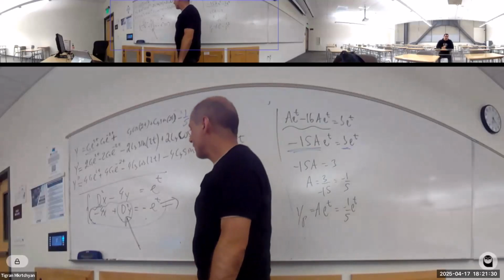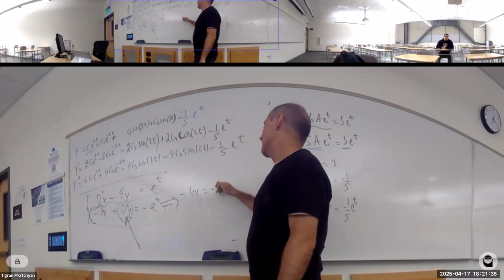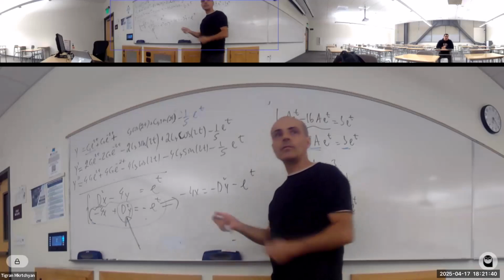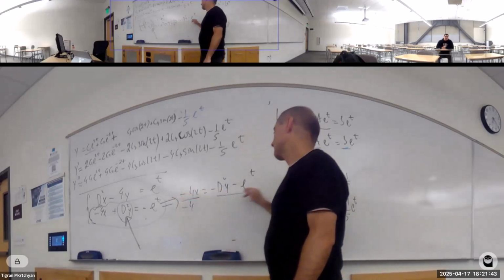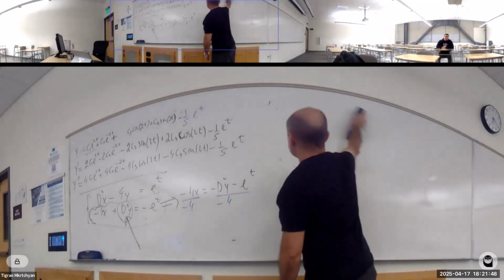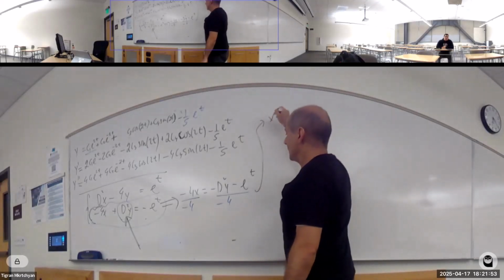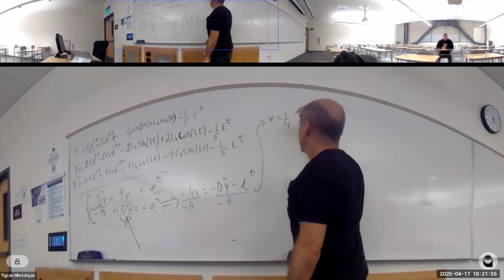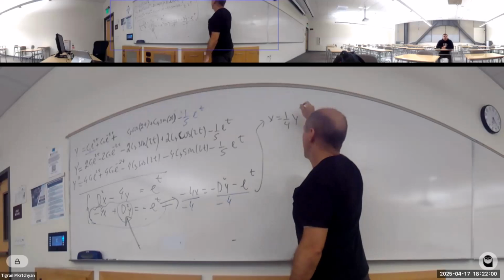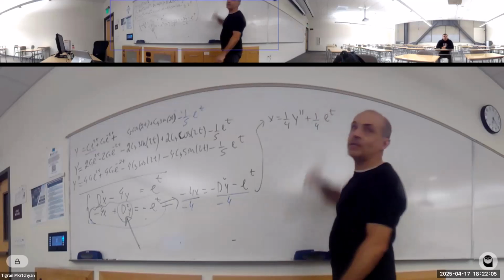Cool. So if I solve that for x, maybe I will have negative 4x equals maybe this, right? Divide by negative 4 to get the x. So let me write 1/4 second derivative y plus 1/4 times 1.